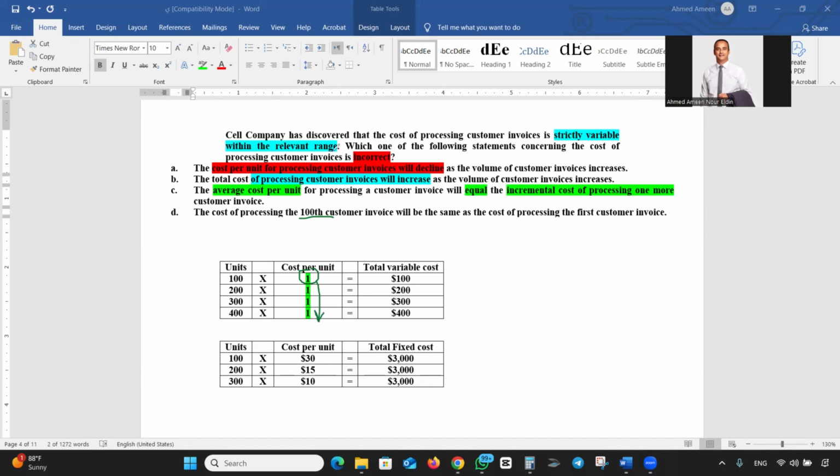It will remain because we are in the relevant range, which means the variable cost per unit will be the same and the total fixed cost will be the same, 3,000. So answer D is a correct statement, and it is not the solution because he is asking for the incorrect statement. Answer A is the incorrect statement.